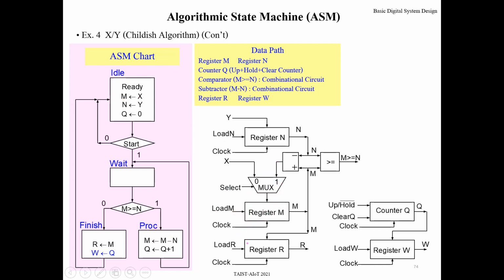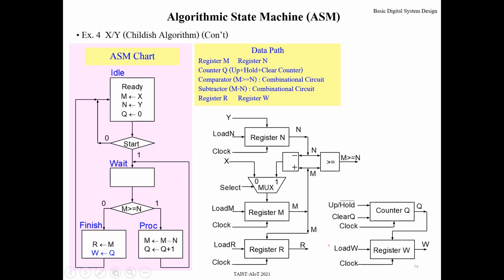Okay, what else? Register R, read data from M, right? Then you connect output M to register R. And register R have control input load R. Okay, which should be 1 for state finish.